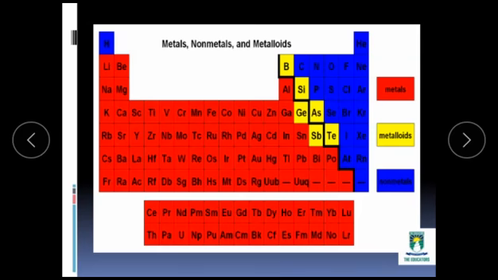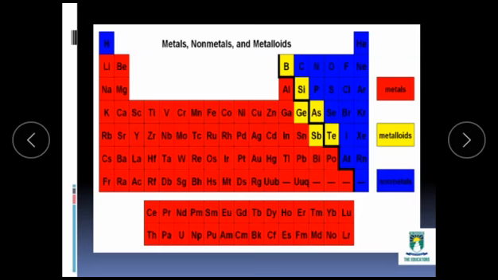Students, metals are the elements except hydrogen which are electropositive and form cations by losing electrons. And metals are present in the first and the second group. They occupy the left position in the periodic table. And metalloids are the substances which have properties between metals and nonmetals.